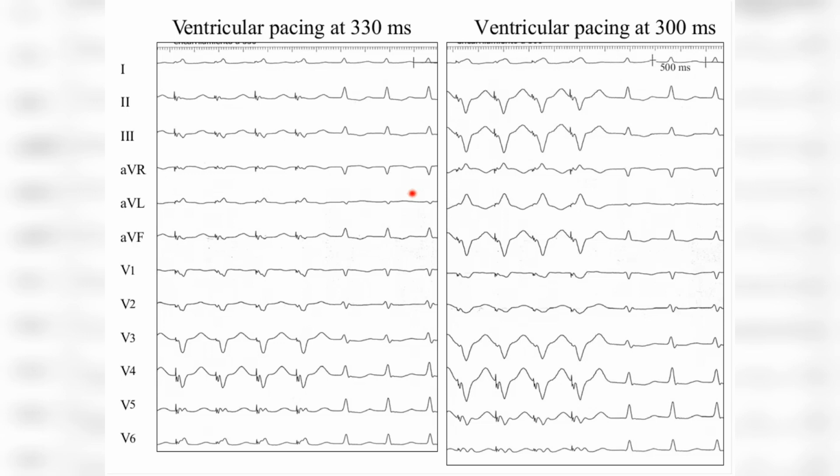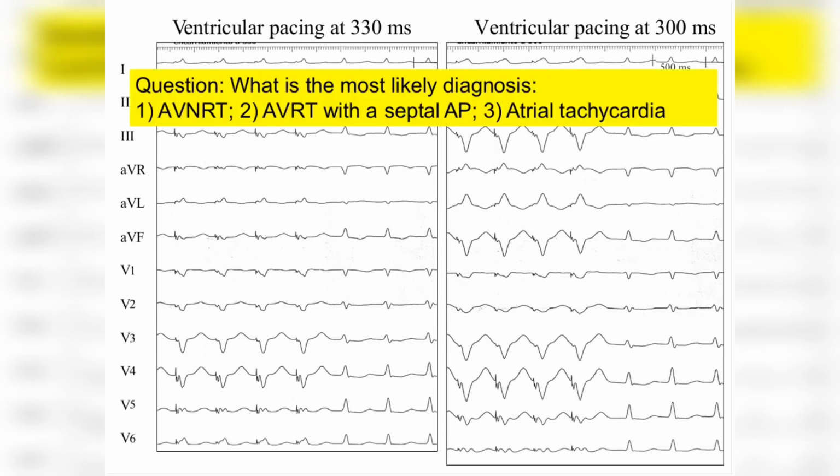So let me now ask you a question by looking at this tracing. What do you think is the most likely diagnosis here? Number 1, AV nodal tachycardia. Number 2, accessory pathway mediated tachycardia with a septal accessory pathway. Or number 3, an atrial tachycardia.